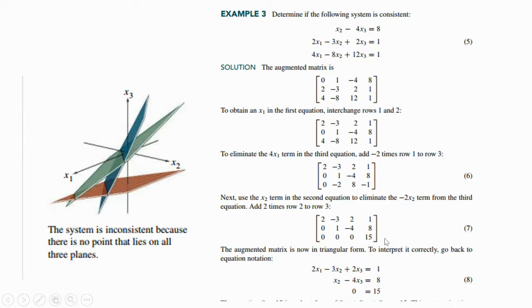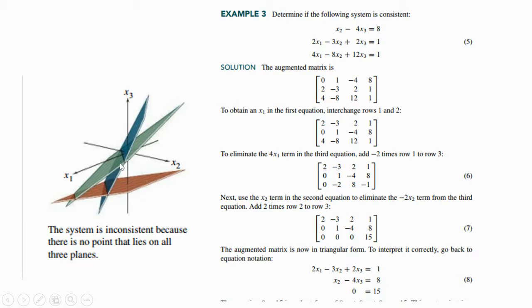But when we get to here, this tells us something different, and the interpretation of this says that 0 times x1 plus 0 times x2 plus 0 times x3 is equal to 15. That can't happen. So you see, if you get a string of zeros here equal to a non-zero number, that says this is inconsistent, and that means that there is no solution to this.